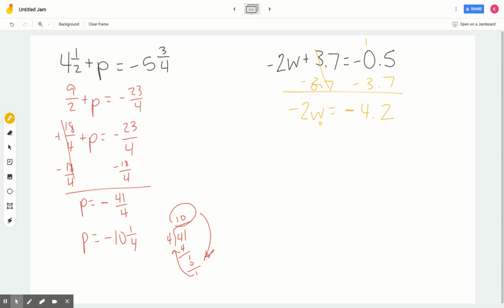Negative 2 is being multiplied by W, so we divide by negative 2. So W is equal to negative divided by a negative is a positive. 2 can go into 4 2 times. 2 can go into 2 1 time. And we bring the decimal point straight up. So W is equal to 2.1.